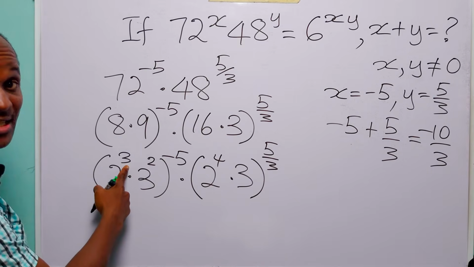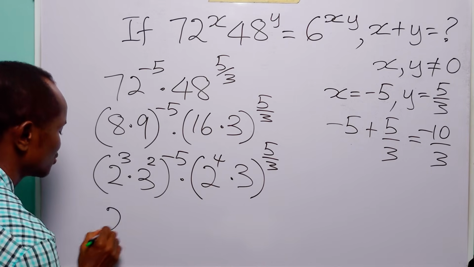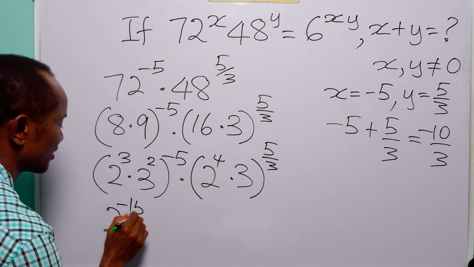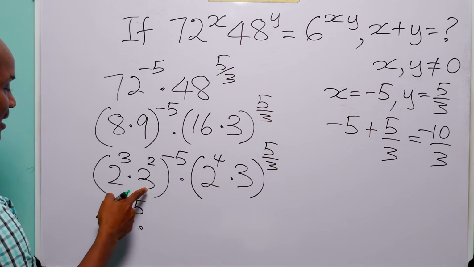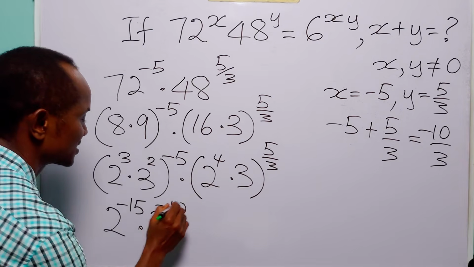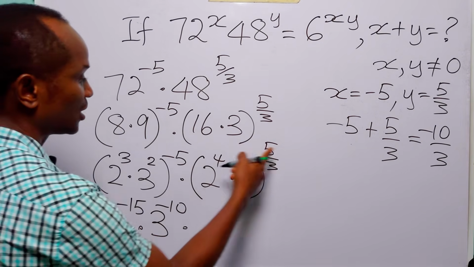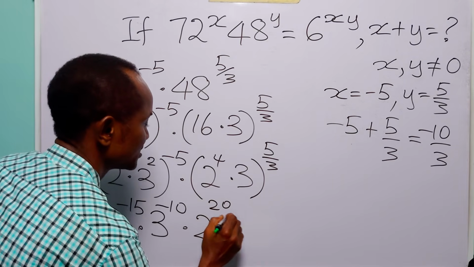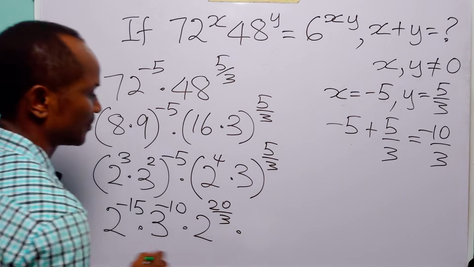Now, to open the bracket, we multiply. So here we have 2 to the power 3 times minus 5 is minus 15. 2 times minus 5 is minus 10. 4 times 5 over 3 is 20 over 3.